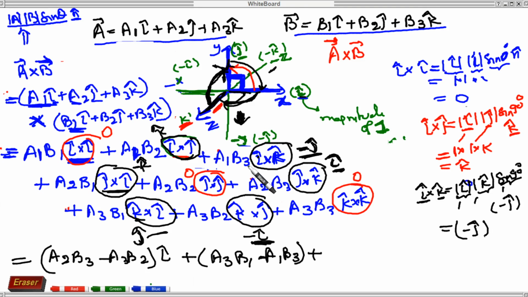This is A1B2 minus A2B1. This is the k part. So this will be the cross product of these two vectors.